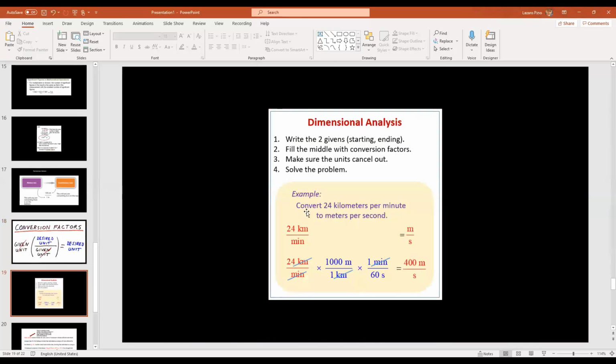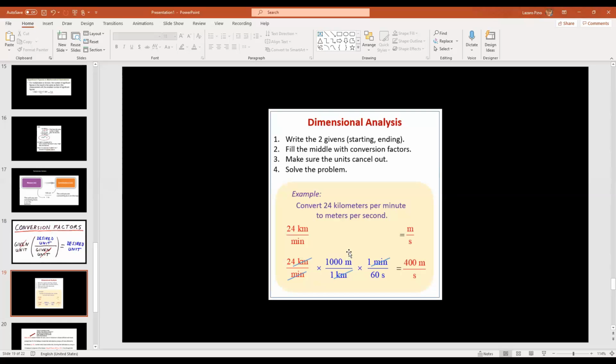Example, you have to convert 24 kilometers per minute into meters per second. Then you write at the left the given unit and at the right the desired unit. First, you have to use a conversion factor to convert kilometers into meters.